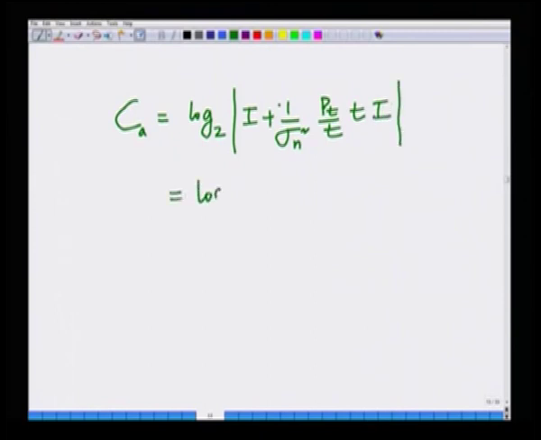Hence, look at this, the T's cancel, and this is nothing but log 2 of I plus P_t over sigma_n squared, where P_t is the total transmit power.